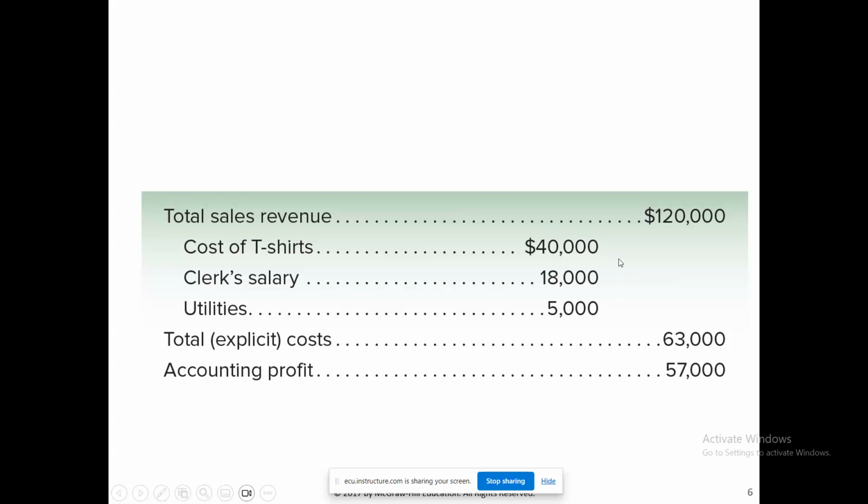This is the explicit or accounting costs. Subtract that from the total revenue, that leaves you with $57,000 as accounting profit.